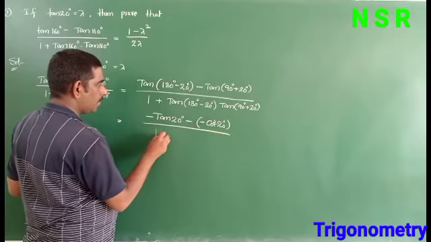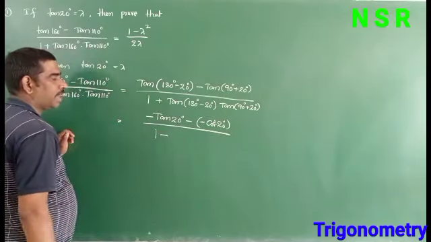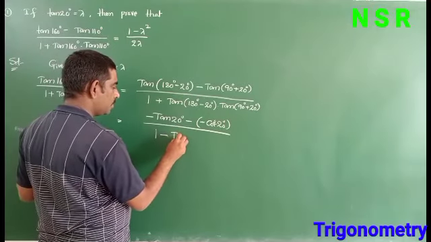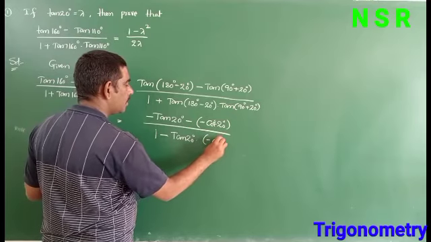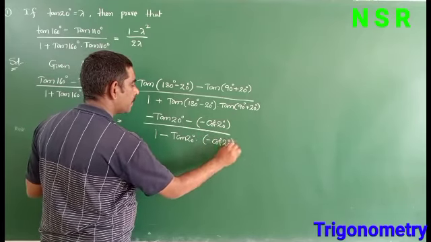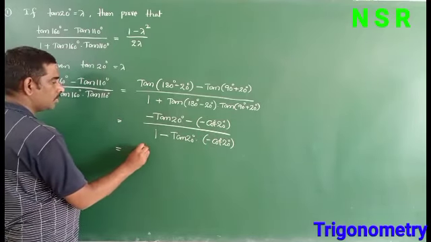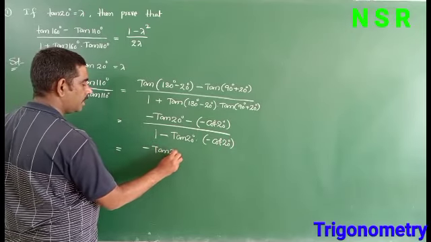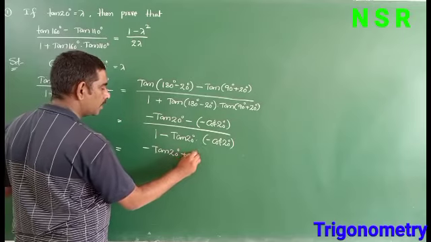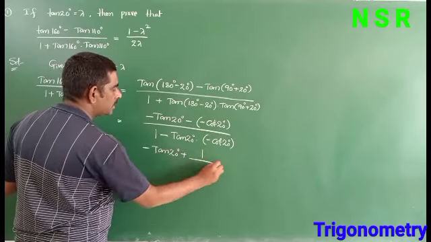By 1 plus, tan 180 minus theta gives minus tan 20, into minus cot 20. So minus into minus gives plus, tan 20 into cot 20. Cot also changes into tan. Why?